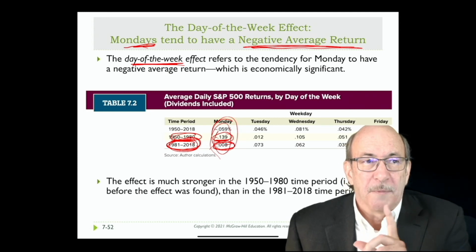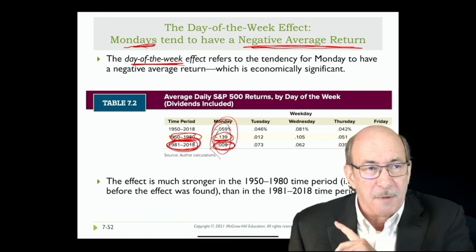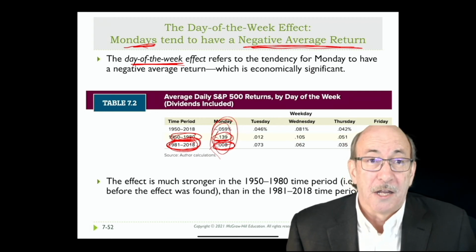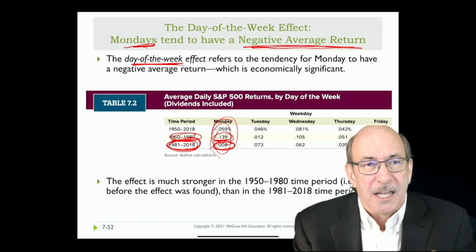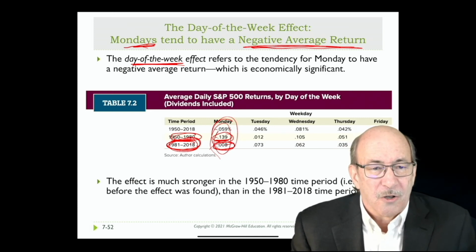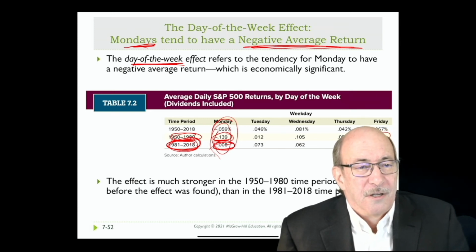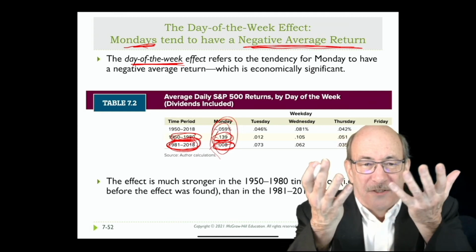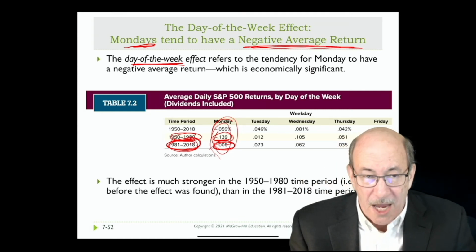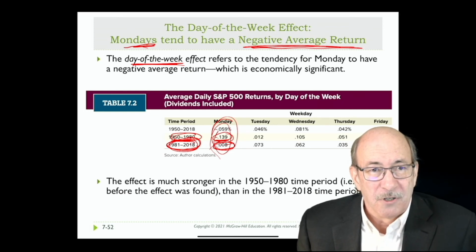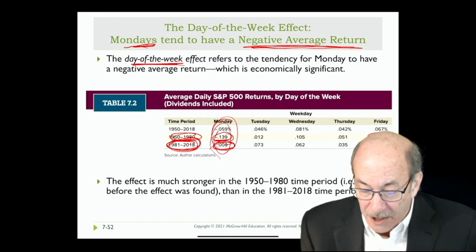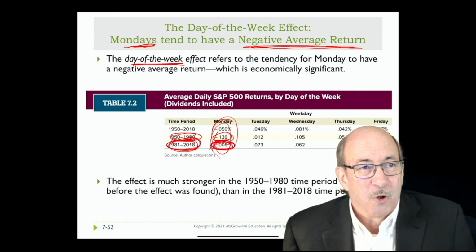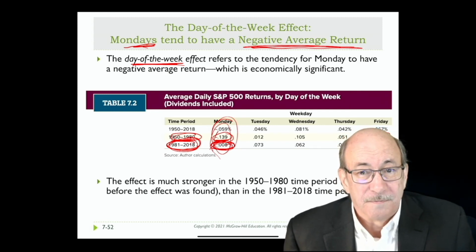But if I was going to be long, and it didn't matter whether I bought on Friday or Monday, my preference would be to buy on Monday. So a lot of people engaging in that same strategy could make this thing go away. If a lot of us bought on Monday, that would actually drive up the price on Monday, and that would drive away that negative average return on Mondays. And that could be why we now see nothing in the more recent few decades.